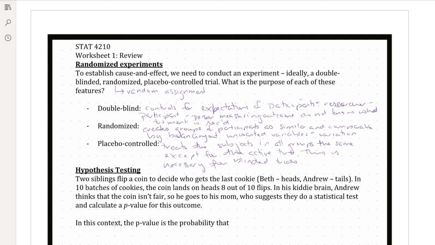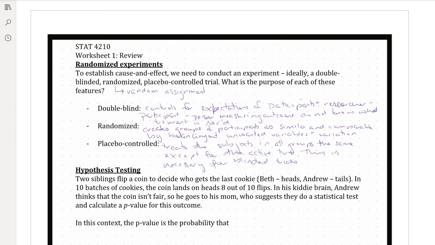So sometimes just thinking that you're receiving something, the idea of receiving some treatment or being attended to, can affect outcomes. And we want to be able to measure that and the difference between that and the effect of the drug itself.